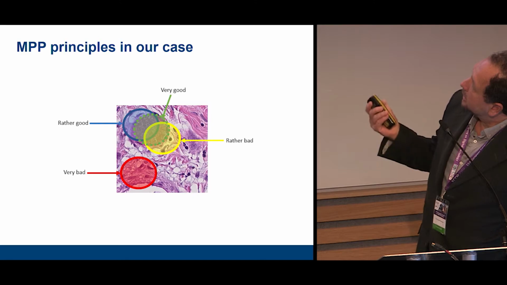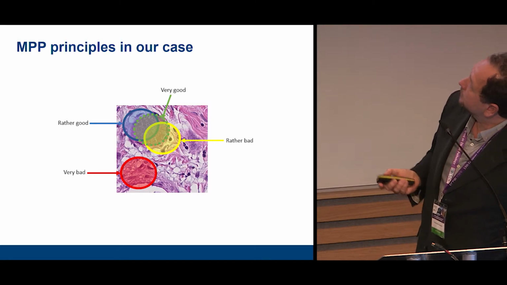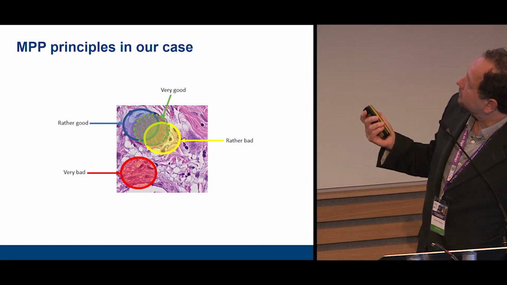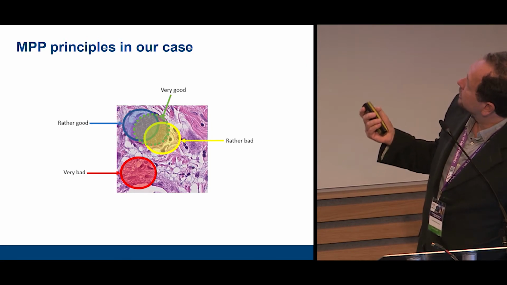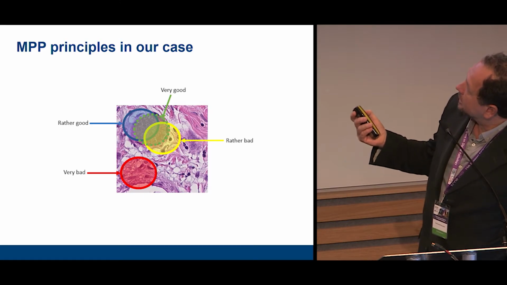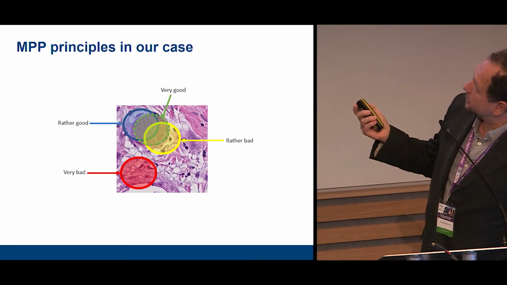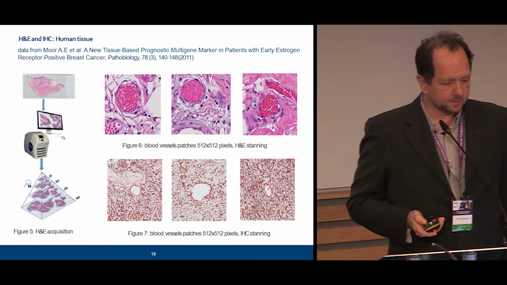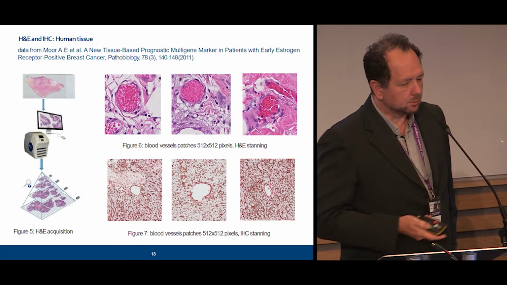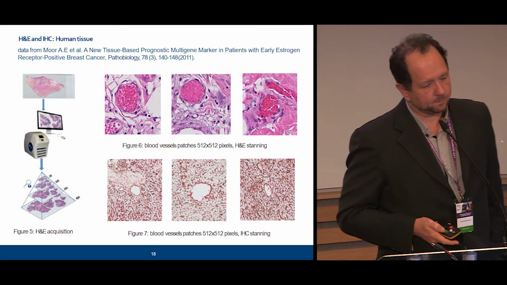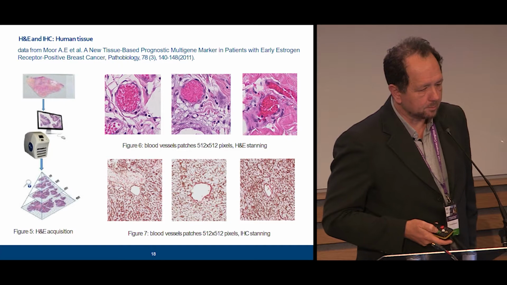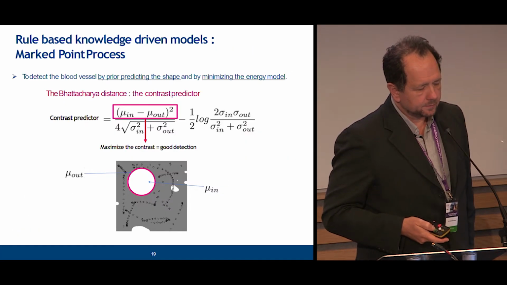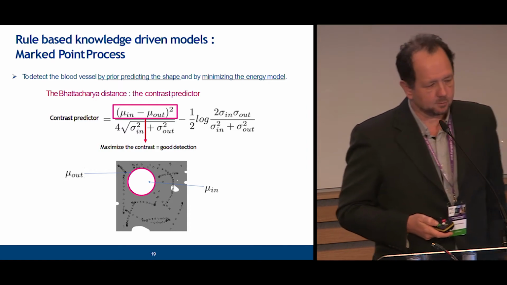The MPP principle in our case for the vessel detection is very simple. You have the vessel here, and you have something which is good. This one is maybe better than that one, the blue one than the yellow one, because of the intersection. And of course, this one is not recommended. So the data we worked with comes from work published in 2011. And we defined a sort of strategy for this marked point process.